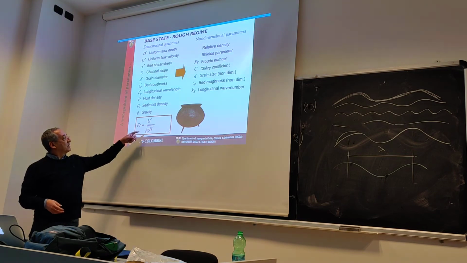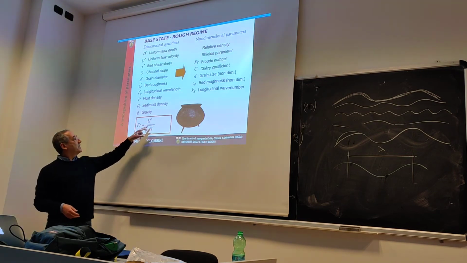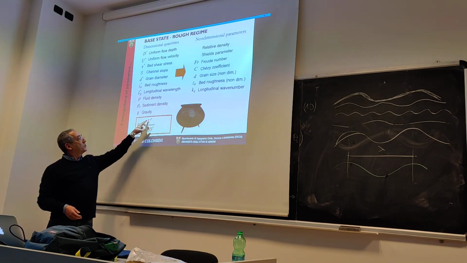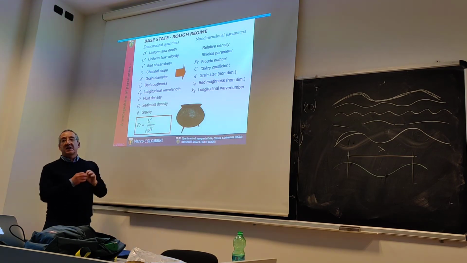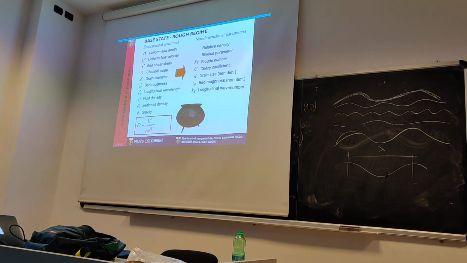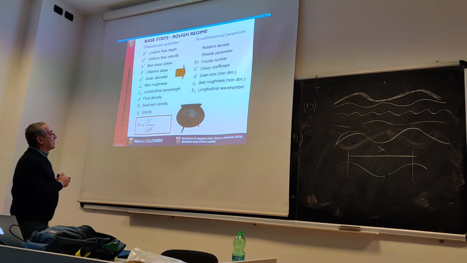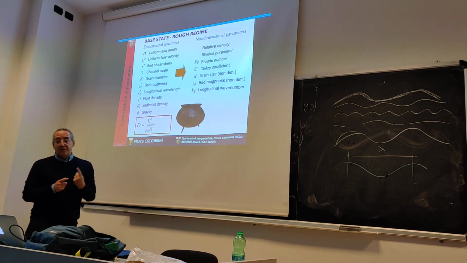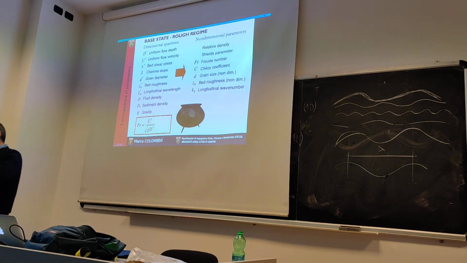Once again, dimensionally, the numerator of this fraction has the same dimension as the denominator, so this is a number, it has no dimension. The Froude number characterizes the threshold between subcritical and supercritical flow. So, for example, a value of Froude equal to 1 marks the boundary between the anti-dune regime and the dune regime.